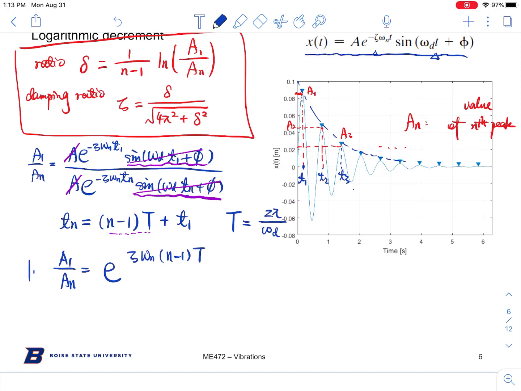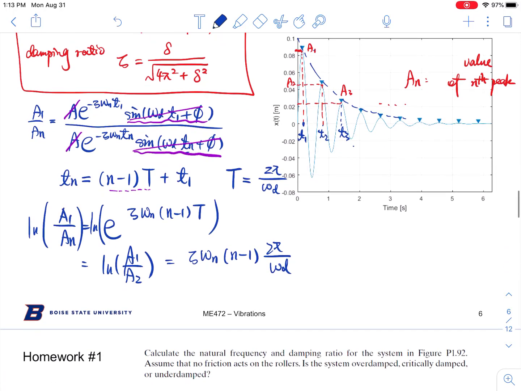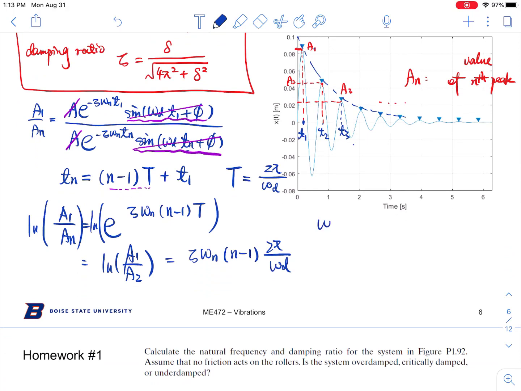And then you can take the log function on both sides. Then you can take the coefficient from the top, and you have log of A1 over An equal to zeta omega n, n minus 1, and your T is just 2 pi over omega d. And then remember that your omega d is omega n times the square root of 1 minus zeta squared.